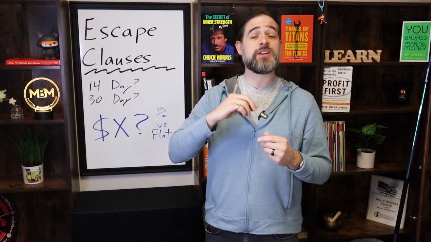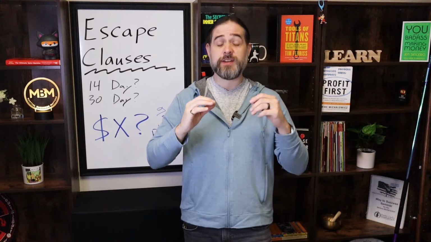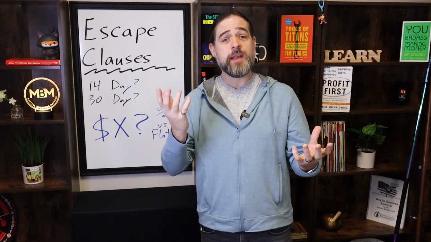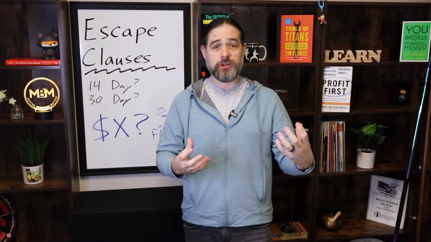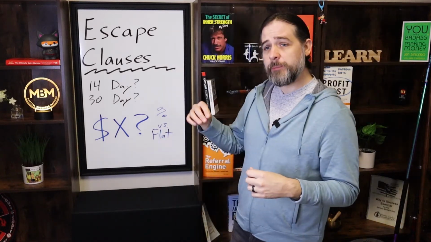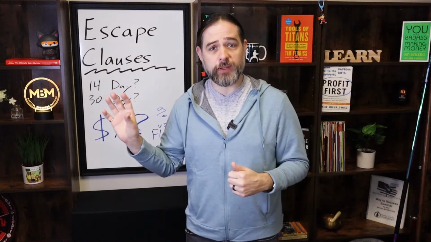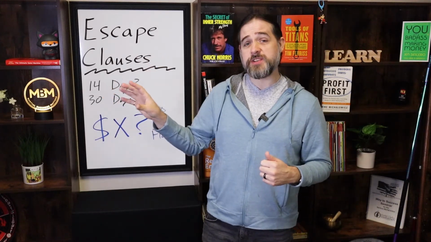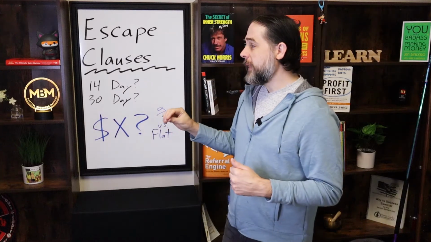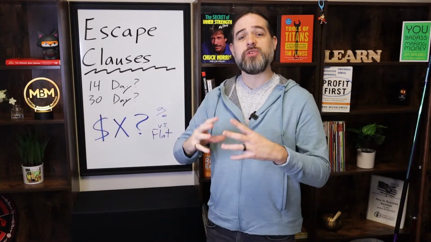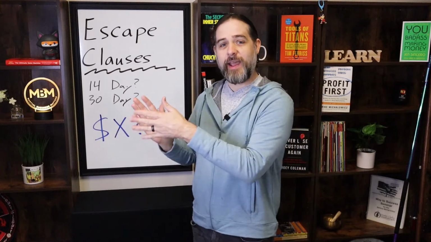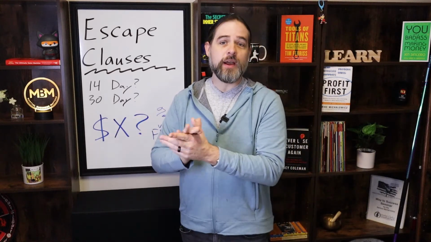I shot a video recently about the difference between month-to-month and ongoing and term contracts, and I'm going to link that here and down below so you can go watch that as a primer. When we talk about a month-to-month agreement, and there are lots of good reasons to have those in your school, it is important that you pay attention to the specifics of how you structure canceling a month-to-month or an ongoing agreement.